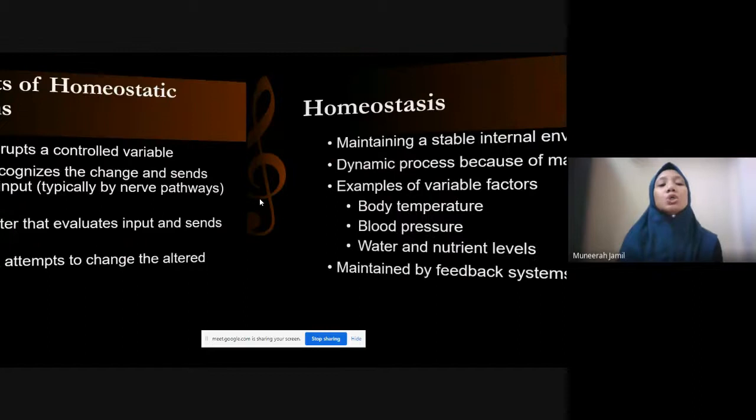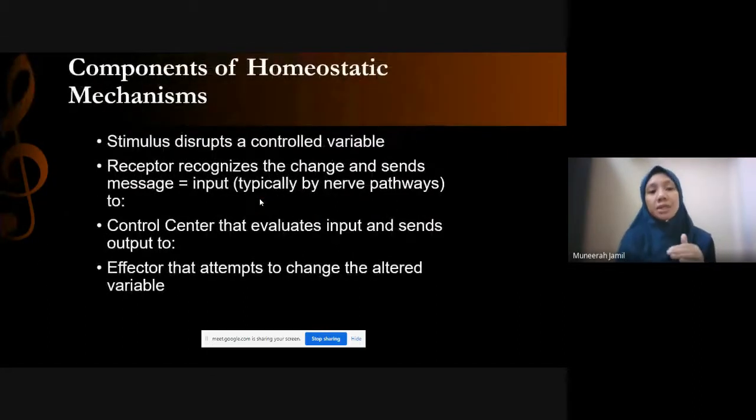Okay, so the components that help the homeostasis process: we must have the stimulus. The stimulus is the one that disrupts a control variable. Okay, and then we must have the receptor that recognizes the changes and sends the pathway to the central nervous system, to the brain, which is what we call the control center.